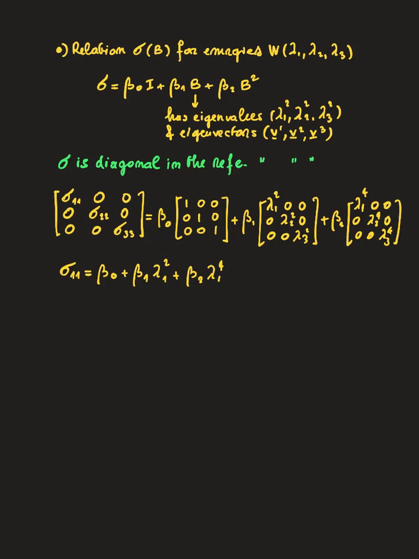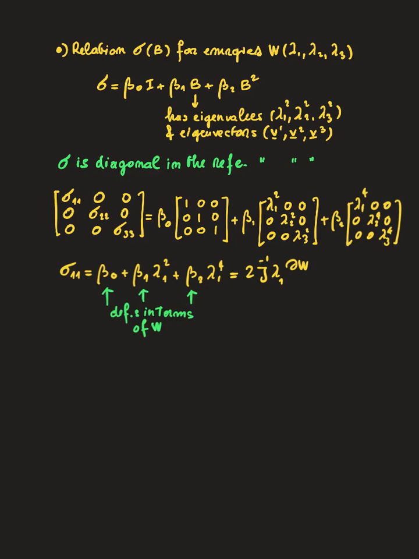Now, I don't want to abuse your patience, but if instead of this beta naught, beta 1, beta 2, you write the definitions in terms of energy that we have already written in the previous page, you find that this is actually equal to 2J minus 1 lambda 1 times the derivative of the energy when this is expressed as a function of lambda 1, lambda 2, lambda 3.